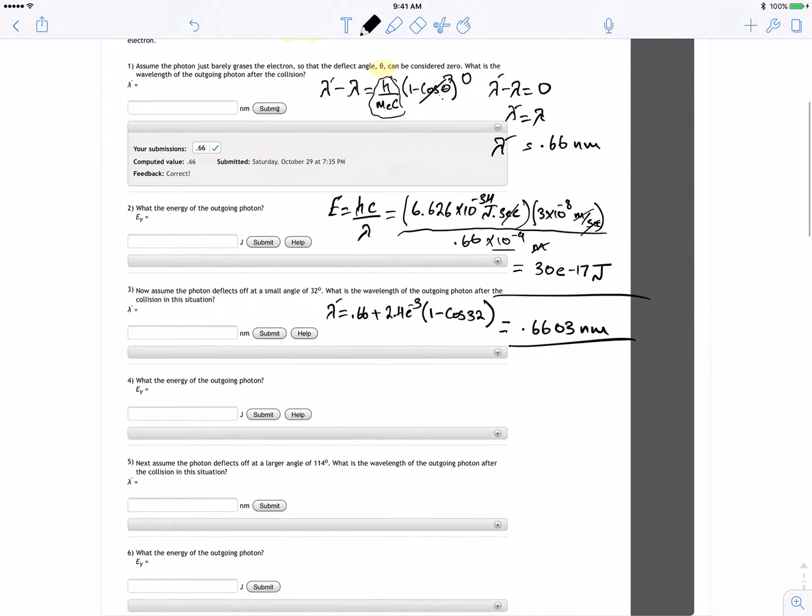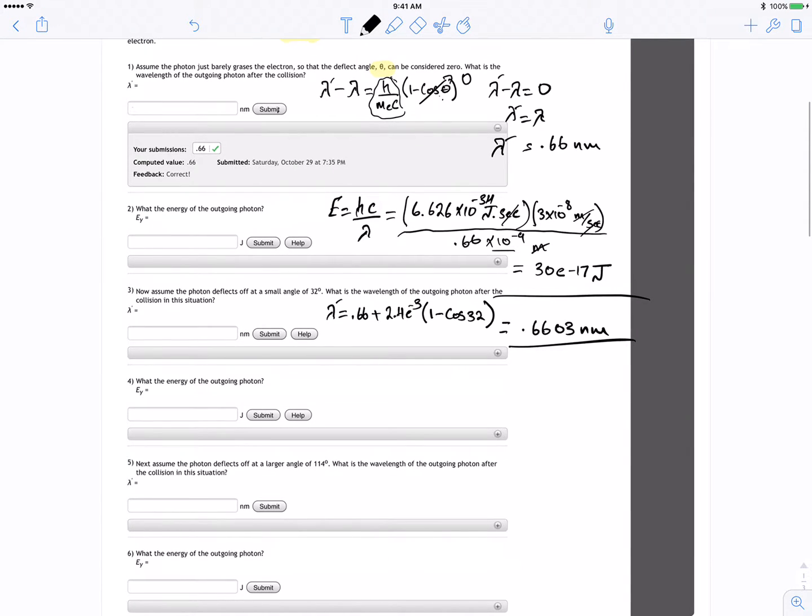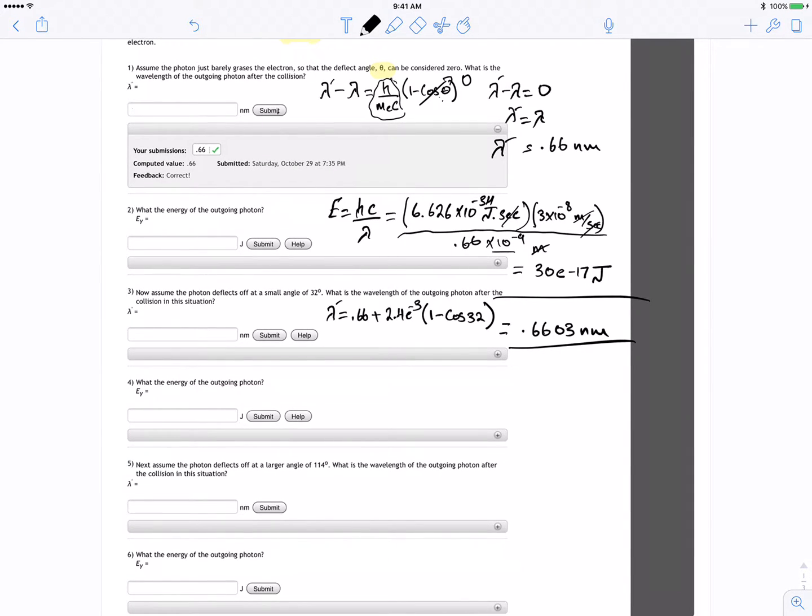What is the energy of the outgoing photon? Same thing: E is equal to hc divided by lambda, using the same numbers. 6.626 times 10 to the negative 34 times 3 times 10 to the 8 divided by lambda, which is 0.6603 times 10 to the negative 9.